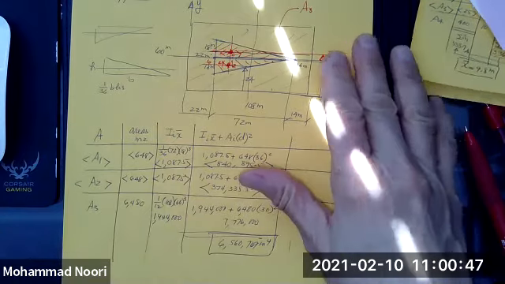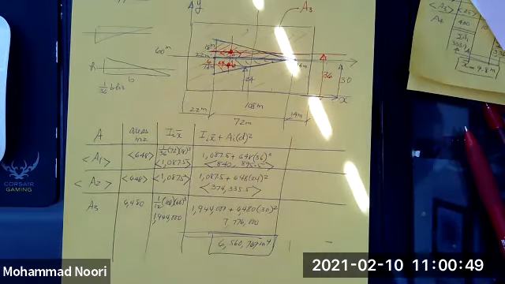That's it. Let me repeat myself. What you need are two tools. The moment of inertia of each shape about its own centroid or its own central axis, which you find from those tables. Remember the parallel axis theorem.